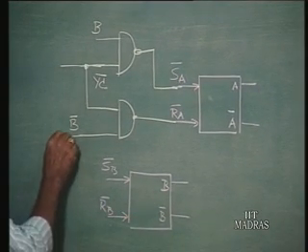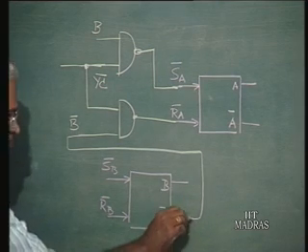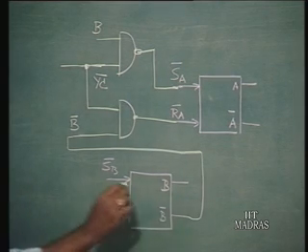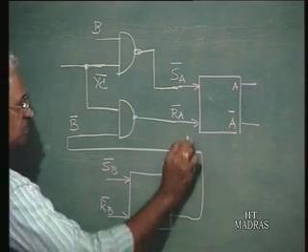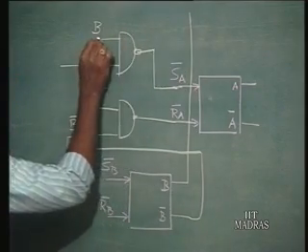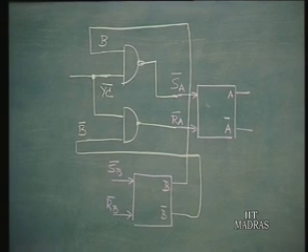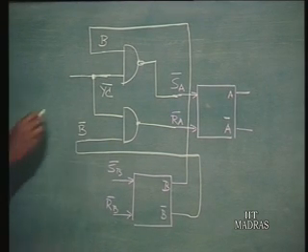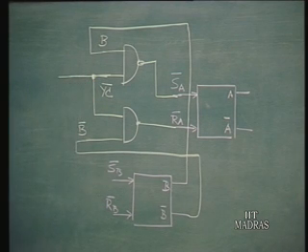So, B bar we can take from here and B we can take from here. Over. So, YC bar is one of the inputs. Actually, our one input will be YC, we have to complement that, all right.